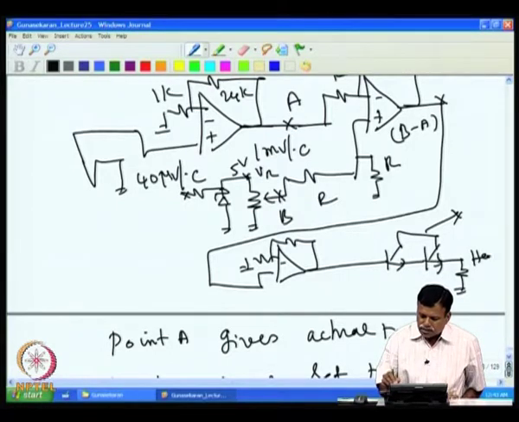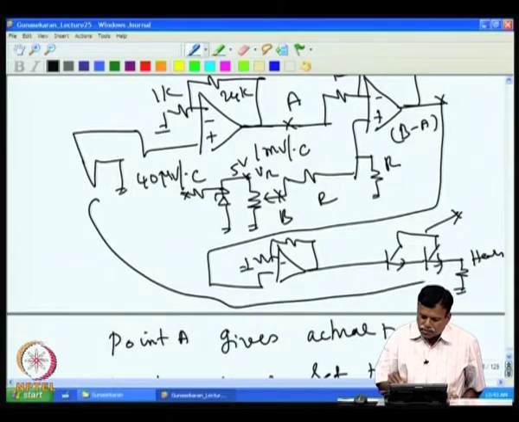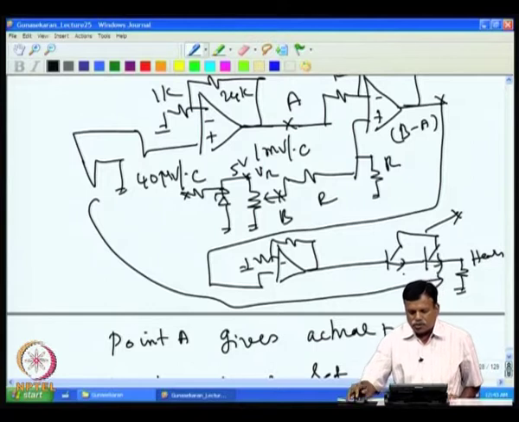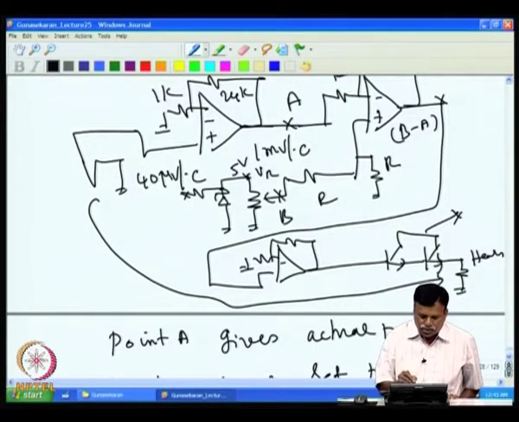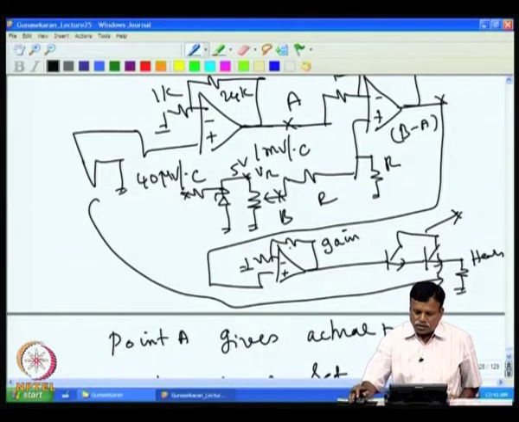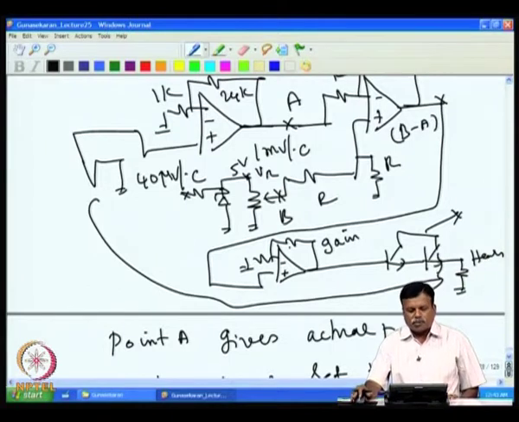This is a heater and the sensor is physically linked to the heater. So, this forms a complete proportional controller. This is the gain stage for the proportional controller, and the gain is set by these two resistances.